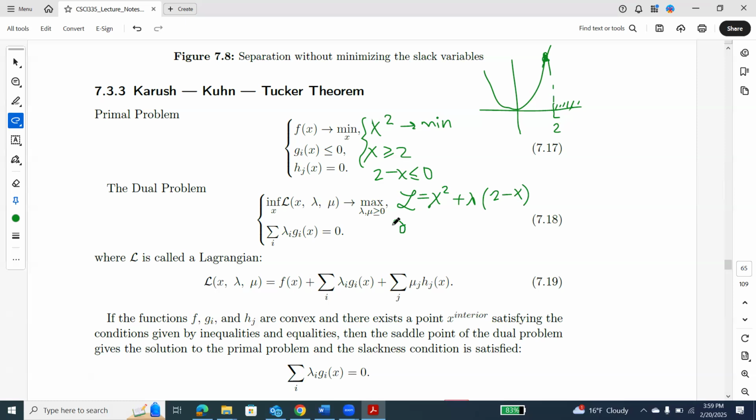So we can take the derivative with respect to x and equate it to 0. It will be 2x minus lambda, and we find the optimal x equals lambda over 2.